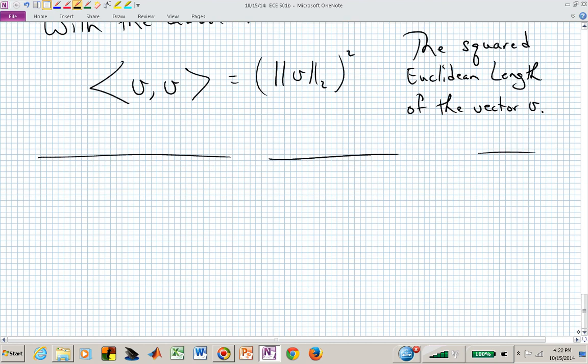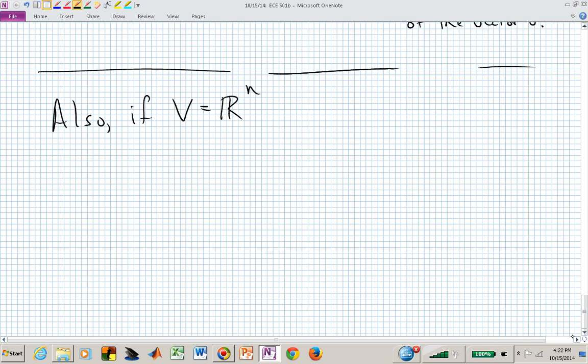And if we specialize that, if our vector space is in fact restricted to being the real n-dimensional space, then we can think of u and v, which are vectors, as just u dotted with v, where this is now the traditional dot product, where u and v are n-dimensional vectors.